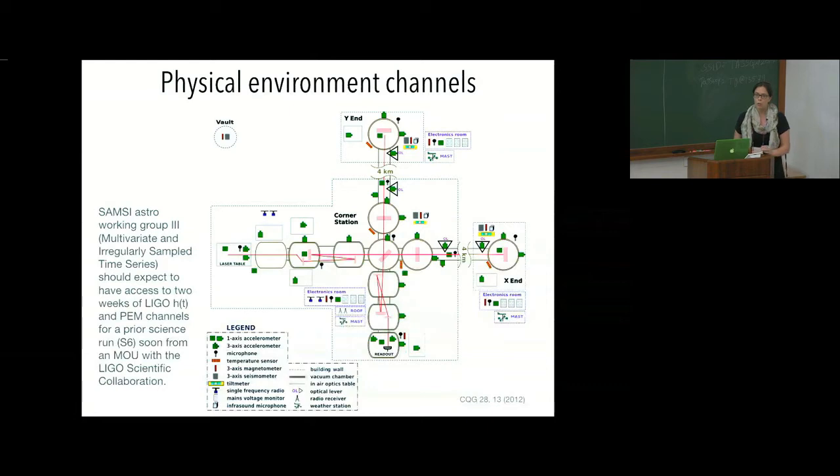These channels measure not only wind speed and temperature, but also some things that might influence fast changes in the interferometer. These are vibration sensors, accelerometers, microphones, magnetometers, and voltage monitors that are monitoring the power going into all of the equipment that's driving the control signals for our interferometers.